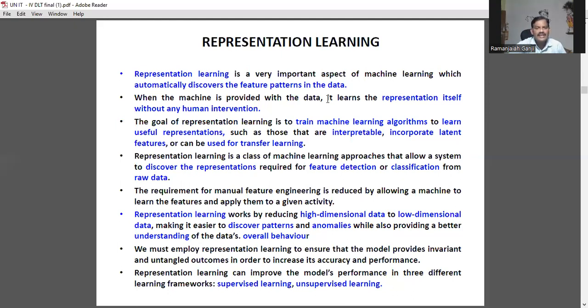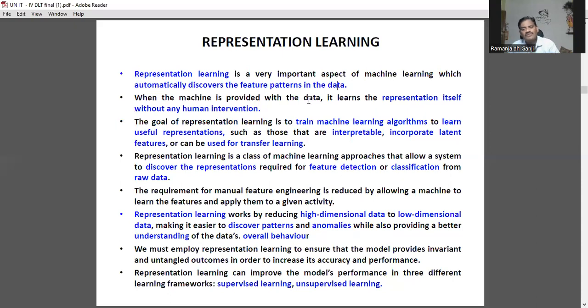When the machine is provided with the data, it learns the representation itself without any human intervention. Our target is to produce the required outcome without human intervention. Whenever human intervention exists, that may not come under artificial intelligence or learning systems. Our goal is to produce an outcome without the assistance of a human being.